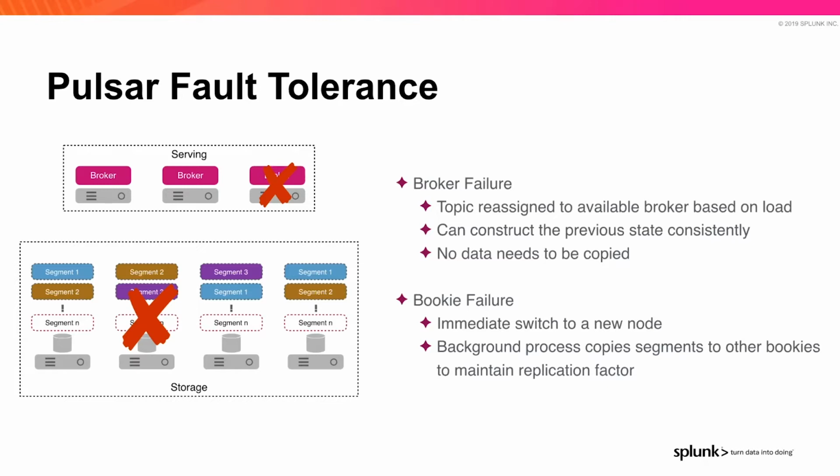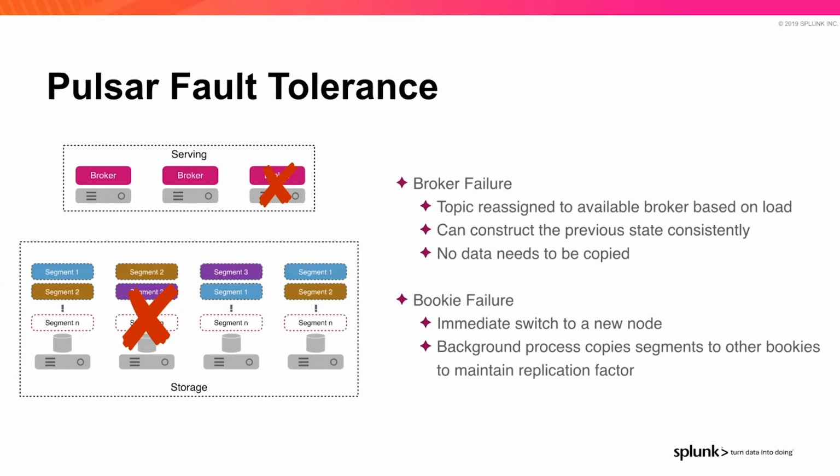Because Pulsar divides a particular partition into smaller segments, at any given time the data will be running on any 3 nodes, assuming a replica factor of 3. If one of the nodes in the replica goes down, then the current segment will be closed, and a new segment will open on a new set of bookies.